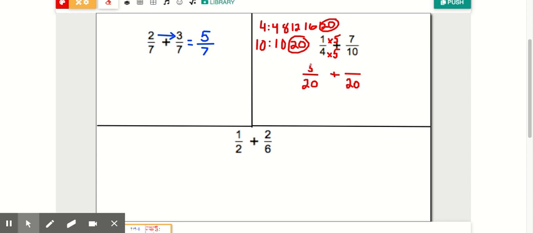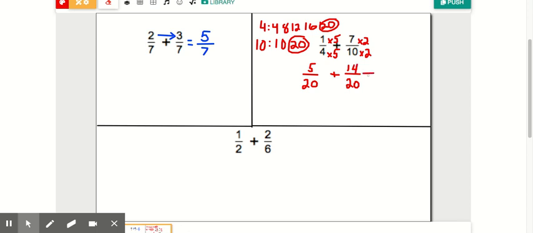So now I changed my 1/4 into 5/20, which is an equivalent fraction. Now over here, how did 10 turn into 20? Oh, well, I did 10 times 2 to get 20. So 7 times 2 is going to give me the answer of 14. So now I have 14/20.